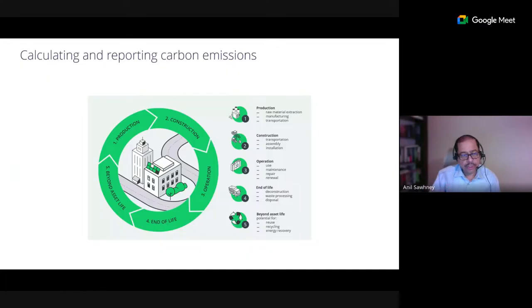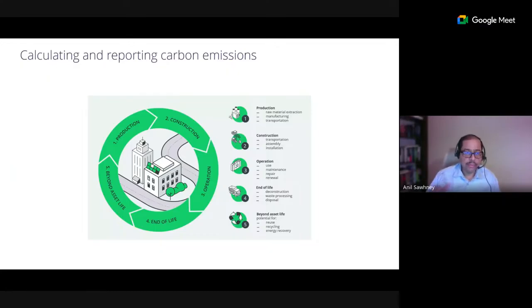We'll measure emissions across stage 2, which is construction, stage 3, which is operation, stage 4, which is end of life, and stage 5, which is beyond asset life cycle. So we will account for all these 5 stages for a building or a bridge or any infrastructure project.